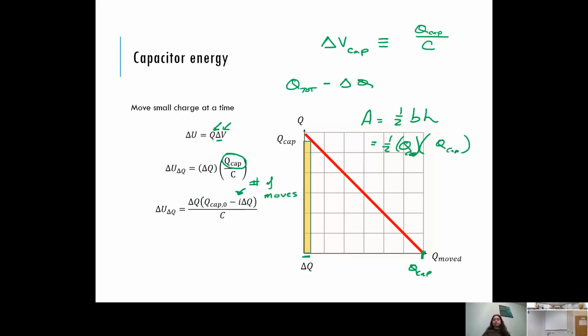Which means the height of the triangle is the initial charge on the capacitor, but the base of the triangle is also the initial charge on the capacitor. And so I get an area of 1/2 the initial charge of the capacitor squared.